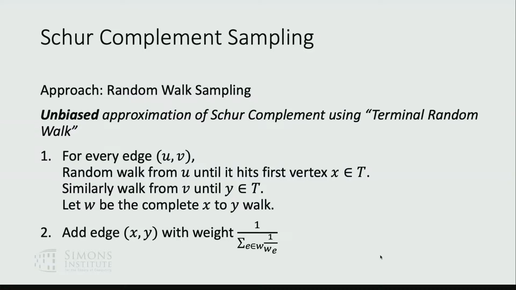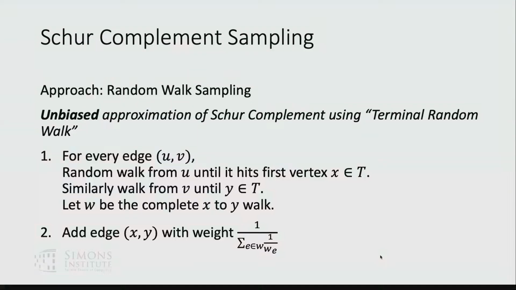Let me just say the following: you will add an edge xy to the endpoints. It can start from any of the edges on the walk. And each of them will contribute a weight 1 over W1. They will all add up to the original weight. So forget about the weights, but if I have an entire walk, I can get an edge on xy from this walk, starting from any of the edges on the walk.